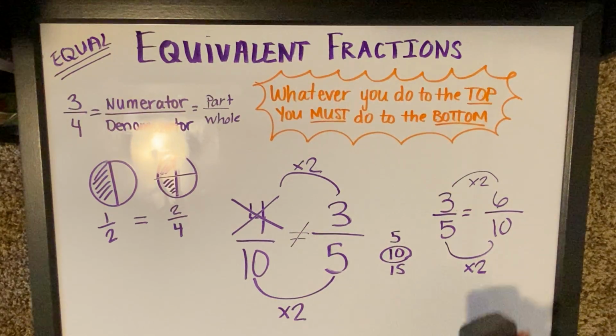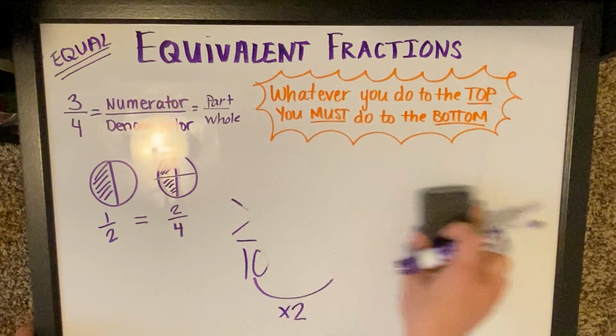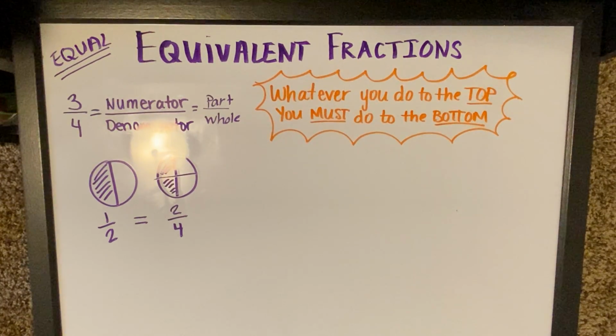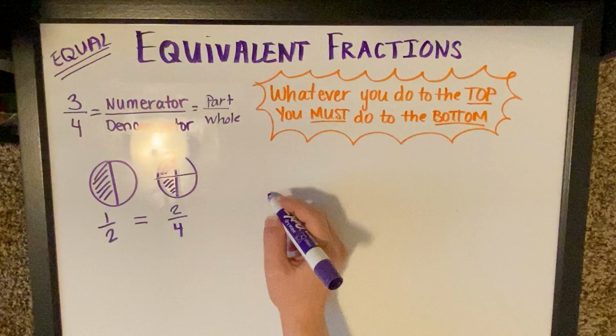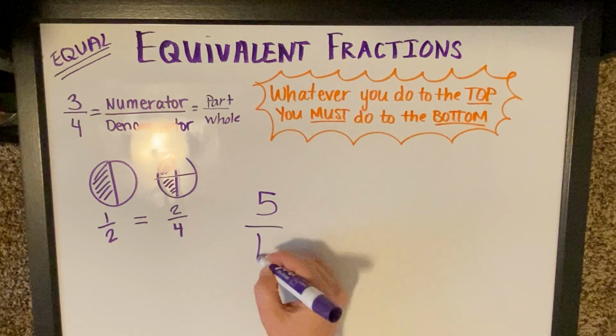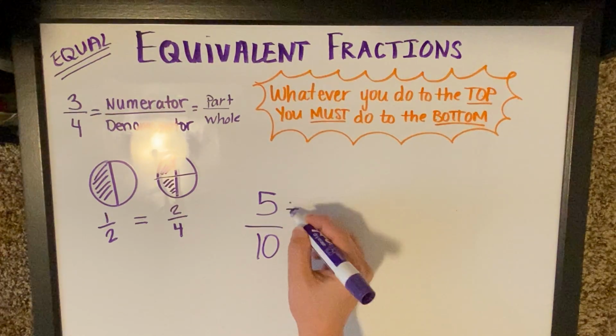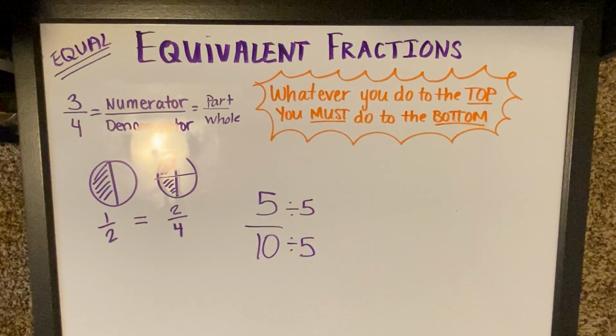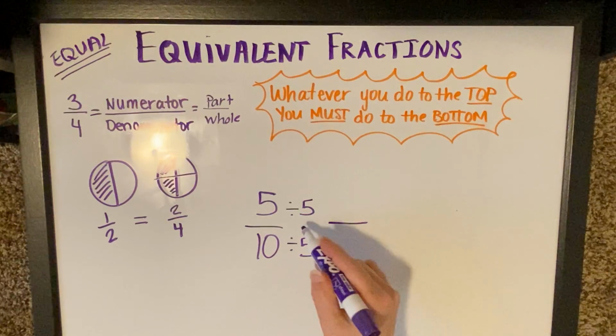In some cases, you might be given a fraction. I will just stick with the same one. 5/10, and you will be told what we are multiplying by or what we are dividing by to come up with an equivalent fraction.